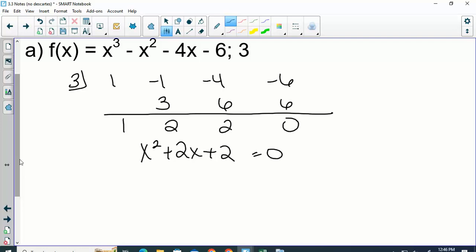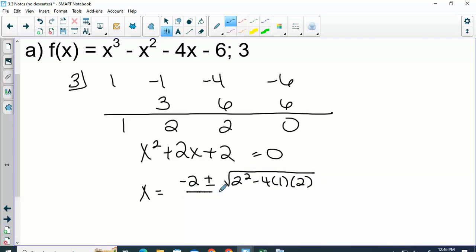Set it equal to 0. And how can we solve it? Think about our quadratics test. When things didn't factor, what other thing? Formula. Yeah, quadratic formula. x equals opposite of b plus or minus the square root of b squared minus 4ac, all over 2a.